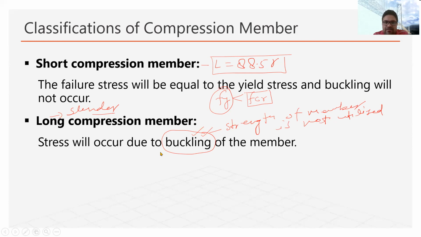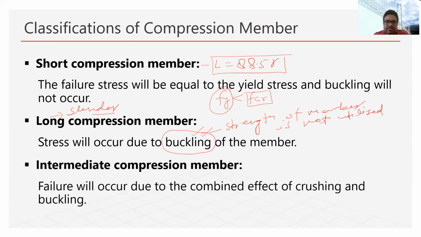The another category in this classification comes as intermediate compression member. As the name suggests, intermediate. The failure in intermediate compression member will be a combined effect of crushing or squashing and buckling.